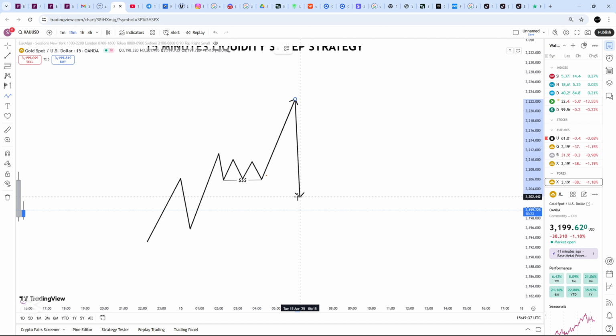Market comes, sweeps liquidity here, and then when the market moves, because there was another block that was supposed to be broken, was supposed to be respecting the market, or to be respecting the direction that we are supposed to be taking, which is in a buying direction. Now, what will happen?